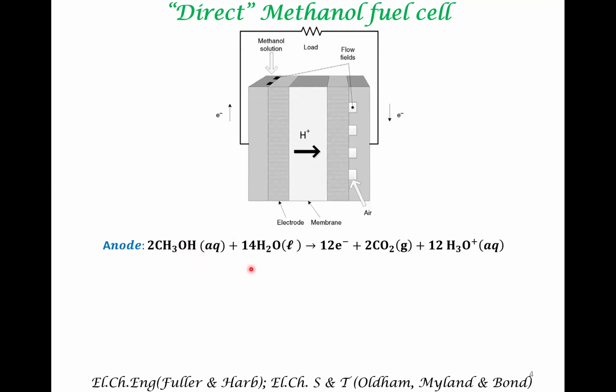Therefore, the electrocatalytic challenge is fairly daunting. Okay, so the overpotential associated with this electrocatalysis can be significant, which goes towards decreasing the maximum voltage which you can get from these fuel cells.